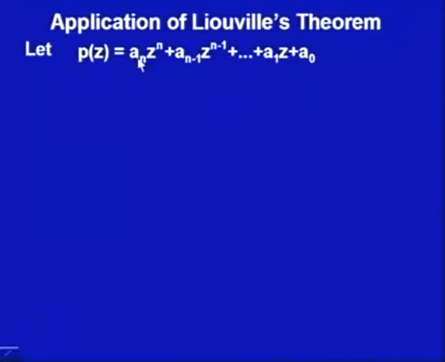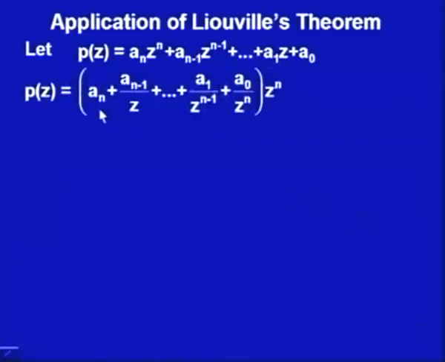Of course, a_n should not be 0, that is why we could say this is of degree n. If I take the common z^n, I could write it as a_n plus a_{n-1} upon z and so on, since a_n is not 0.